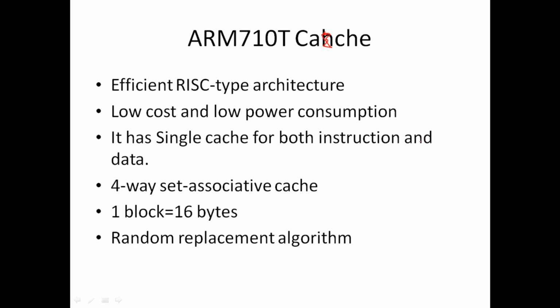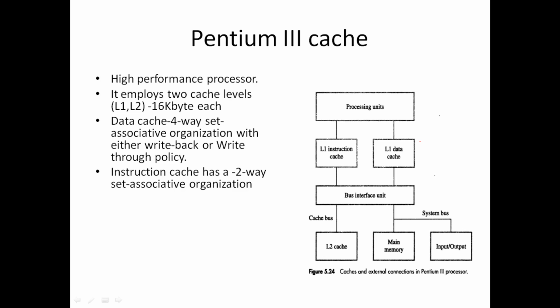Now let's see the next one, Pentium 3. The important change here, with respect to the previous ARM and Motorola 68000 processors, is that we are using two levels of caches, that is L1 and L2.